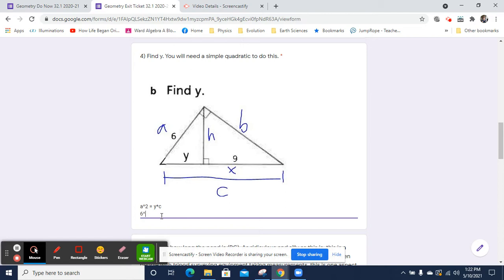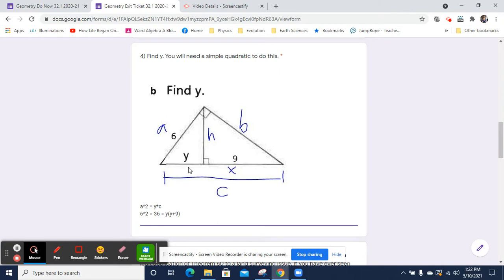So that's 6 squared for a squared, which is 36. And then we've got y, which is just y, and c is y plus 9. Let's tidy all that up.